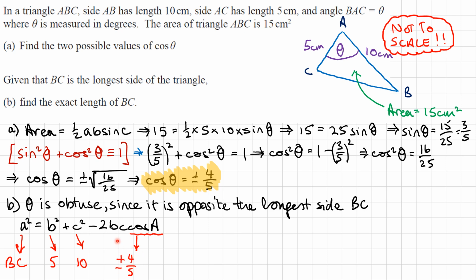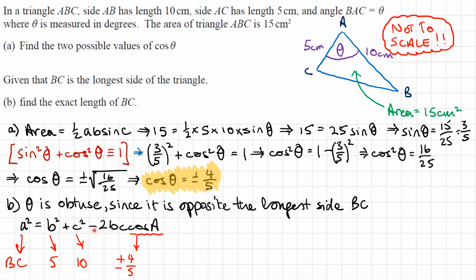Or I can just look at this equation and say, well, what's going to give me the biggest value for a squared? Putting in a positive 4/5 here or a negative 4/5. Well, if I put in a positive 4/5 here, I'm going to be subtracting something from b squared plus c squared. But if I put a negative 4/5 in here for cos A, then the whole of this part here becomes negative.